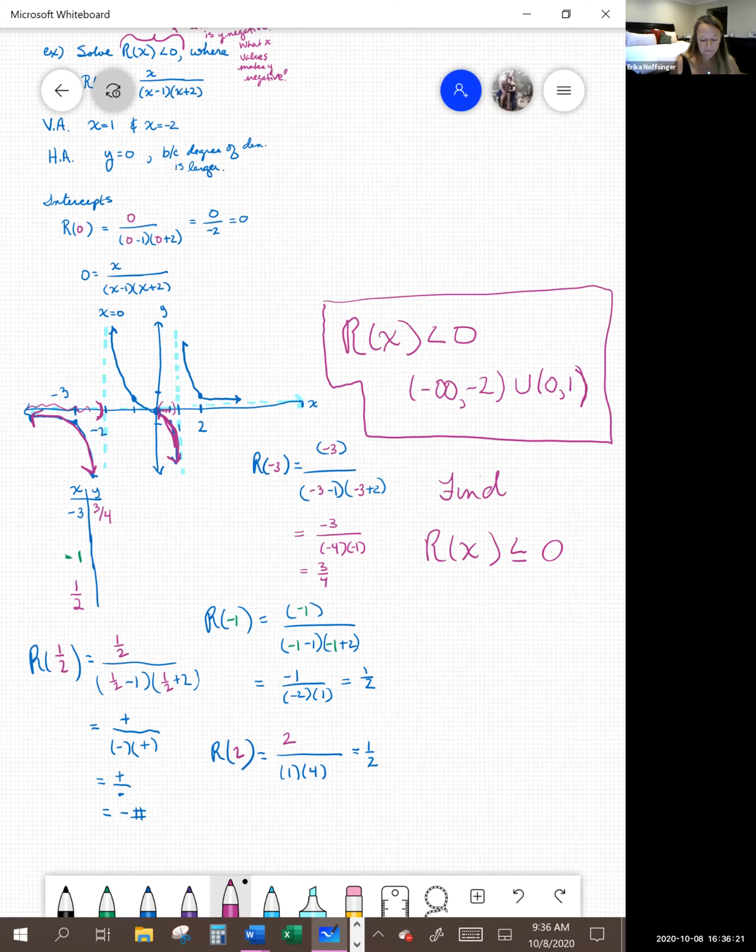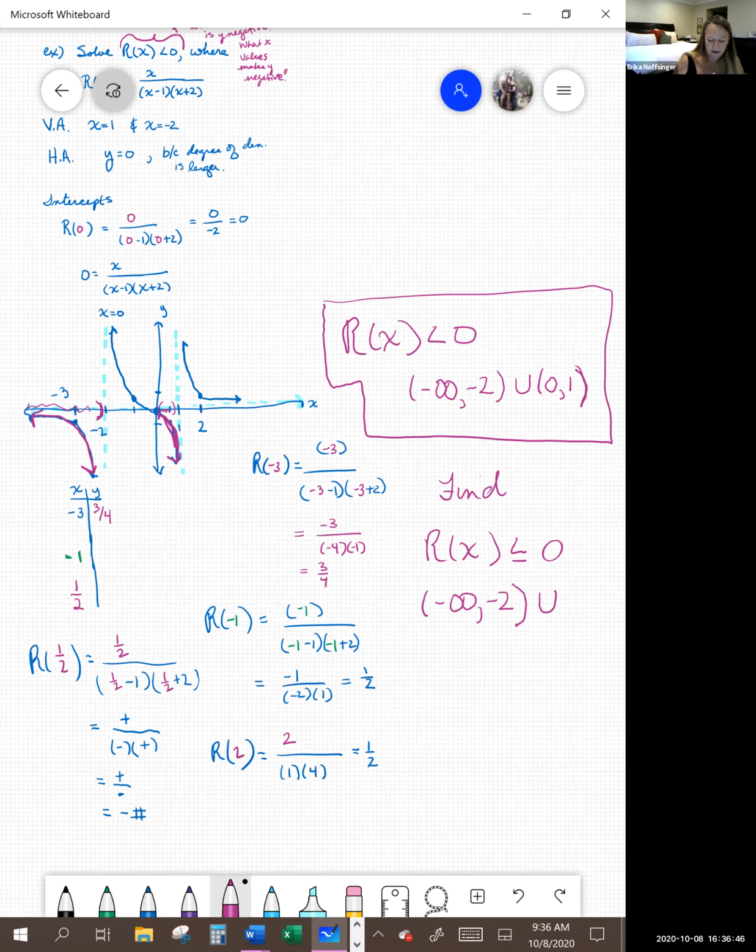You've got to be careful. You can never have an x value that's not part of the domain if we have a vertical asymptote. So x equals -2 is not defined. It's not in the domain. So we do not include that value when we look at values less than 0. So -infinity all the way to -2. We don't include it, so we put a parentheses.